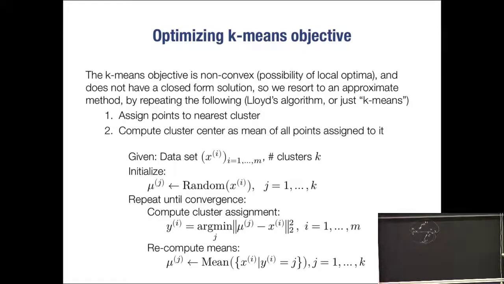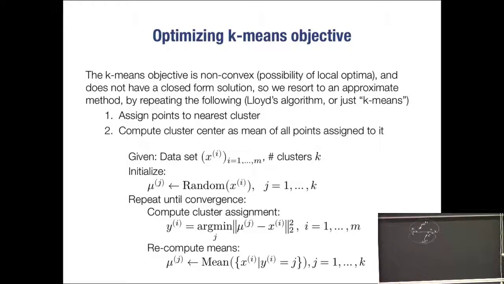So here's the algorithm, in a little bit more formal sense. You're given some data set, which I'll call x_i for i equals 1 to m, and you're given a number of clusters k. I initialize my k clusters first by just picking random data points in my training set. The only restriction there is you shouldn't pick the same one twice.